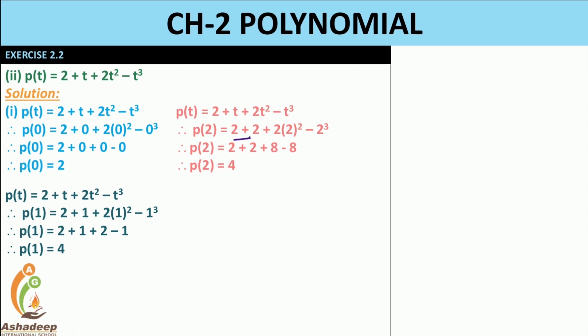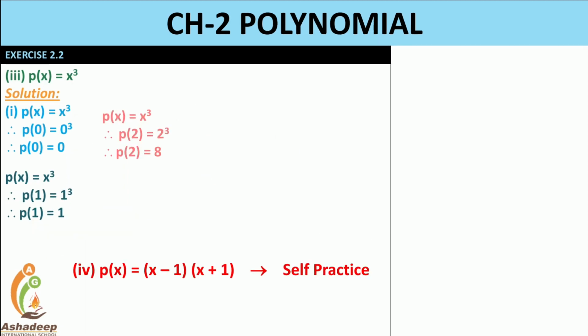So 2 plus 2 plus 2 into 2 square minus 2 cube. 2 square is 4, 4 2s are 8, minus 2 cube which is 8, so 8 minus 8 becomes 0, and the remaining is 2 plus 2, which is 4. Right, so in this way you need to solve the sums.